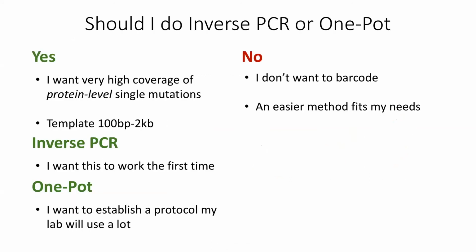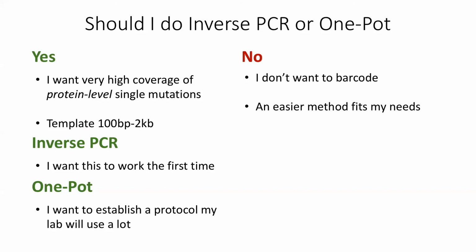All right, so should you do one of these methods? In general, if you want high coverage of protein level single mutations, this is the way to go. And it can work for a pretty flexible range of templates that you might care about in the gene length range. In general, I think inverse PCR is probably the smarter way to go if you want to be sure that this is going to work the first time you do it.